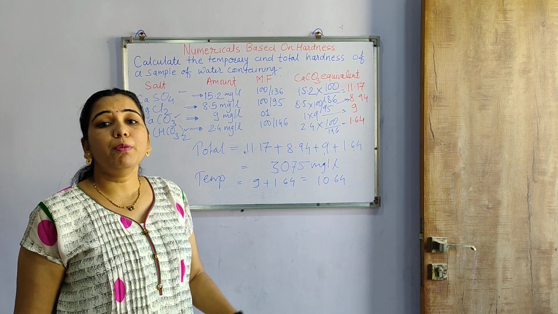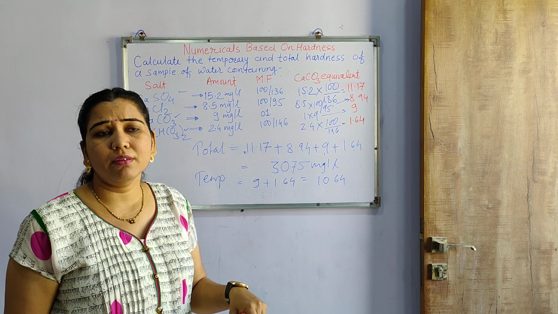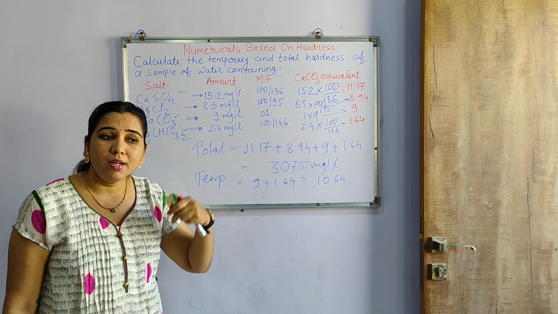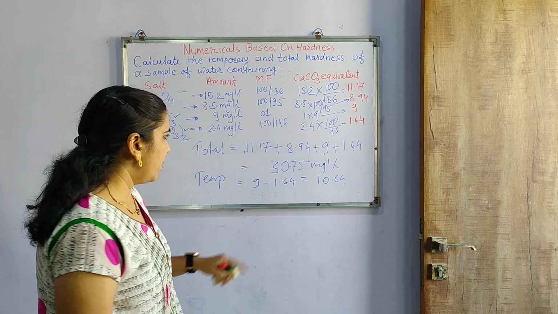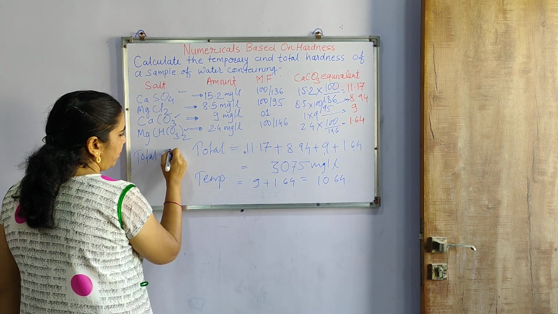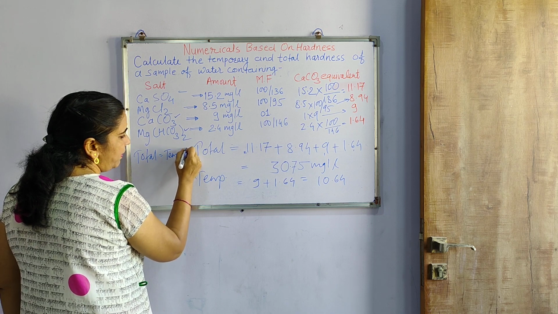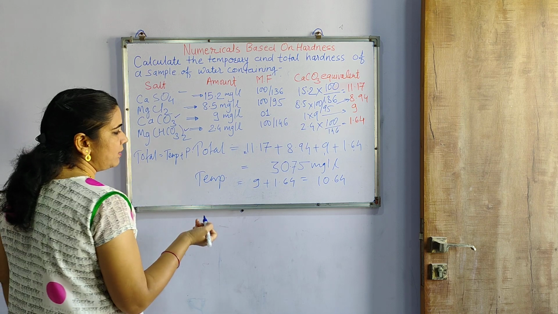Now what will be the permanent hardness? Permanent hardness is the difference between total and temporary hardness. So total hardness is equal to temporary hardness plus permanent hardness. This is the formula. So to calculate permanent hardness: total minus temporary.